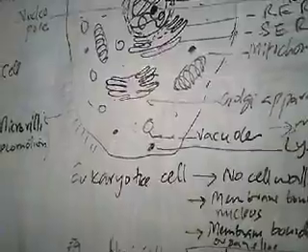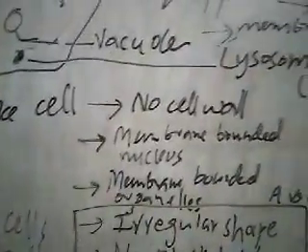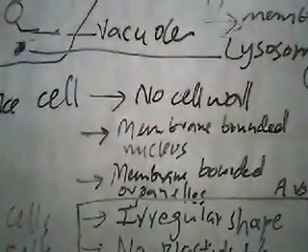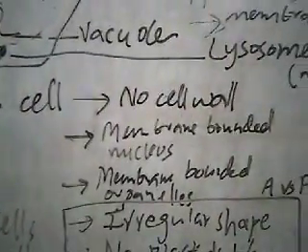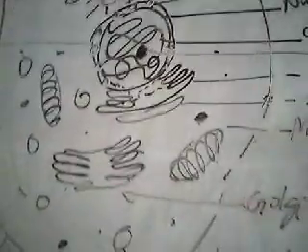It is actually a eukaryotic cell. What is a eukaryotic cell? Eukaryotic cells are the ones which, first, do not have a cell wall. Second, they have organelles which are membrane bounded. That is, inside the cell, whatever different parts or organelles are present, they all are membrane bounded. They are protected by some covering.